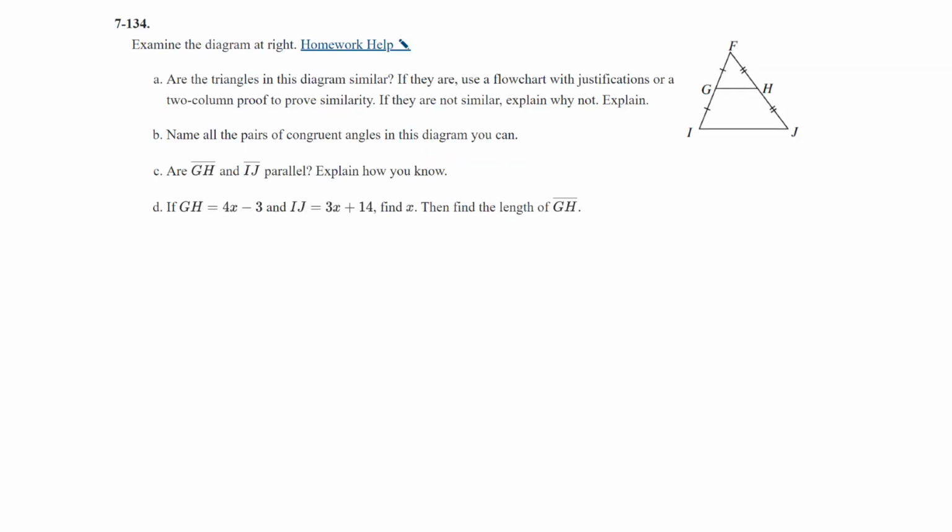Question 134. Examine the diagram at right. Are the triangles in this diagram similar? If they are, use a flow chart with justifications or a 2-column proof to prove similarity. If they are not similar, explain why not. So let's take a look. Are the triangles, this smaller triangle compared to the bigger triangle, similar? Well, we have angle F, which is congruent to itself because it's the same angle.